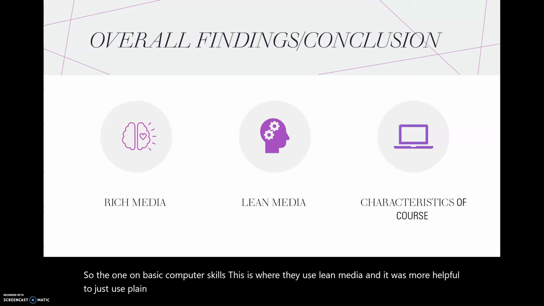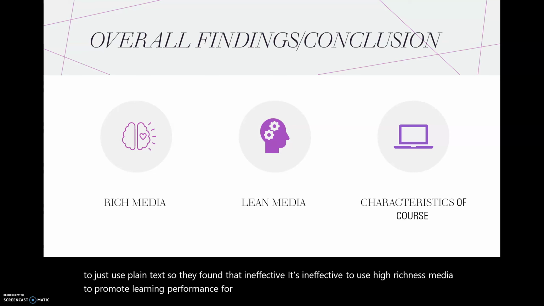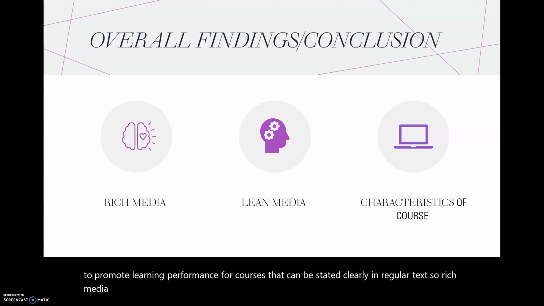They found that it's ineffective to use high richness media to promote learning performance for courses that can be stated clearly in regular text. So rich media in e-learning should ultimately fit the characteristics of the course.